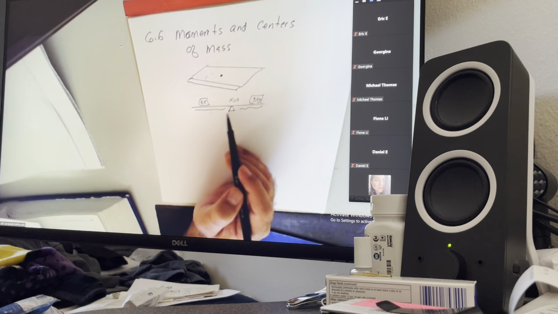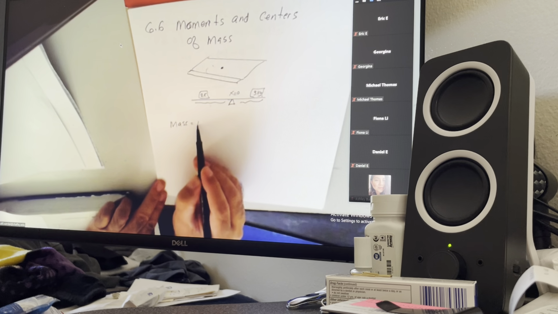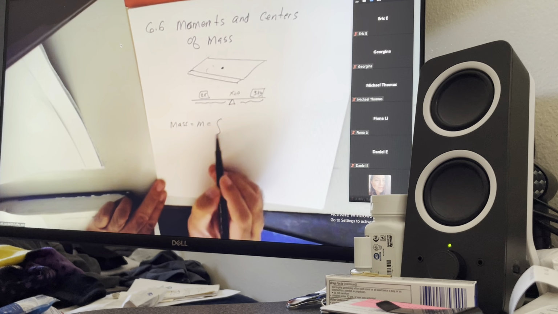So there's the formula we have. This would be the origin. The mass formula is given. That's the integral from A to B, that's what they're asking us to find. The thickness or density or the function times dx. The other formula we need to know is the moment.